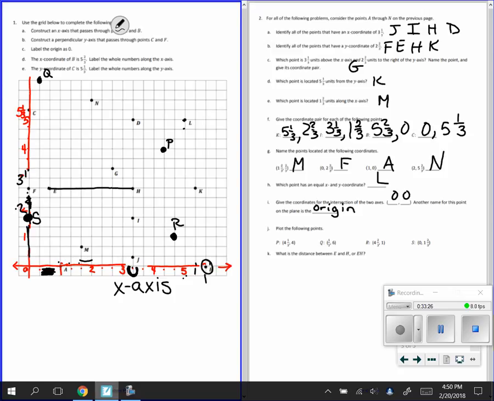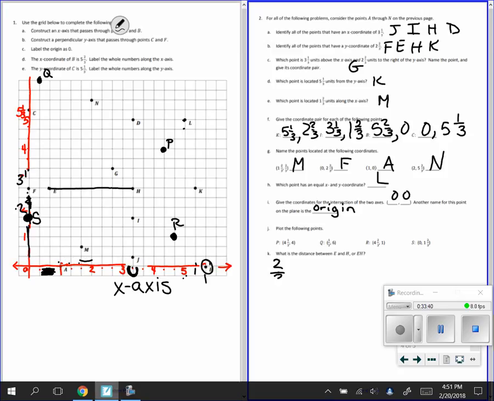E is at 2/3, and then H is going to 3 and 1/3, what would be the distance between the two points?